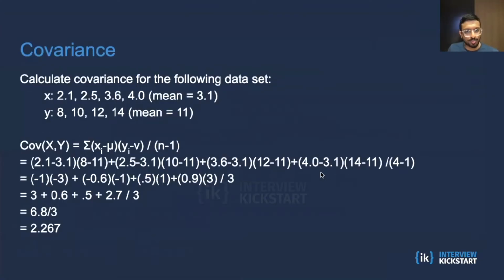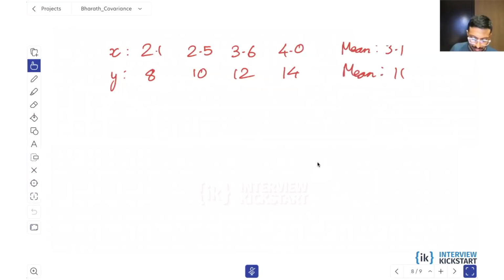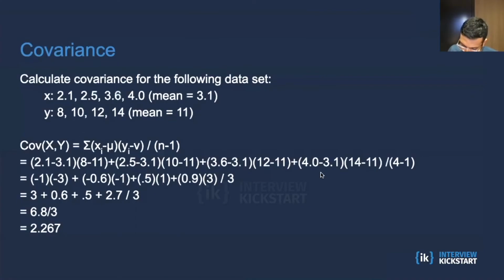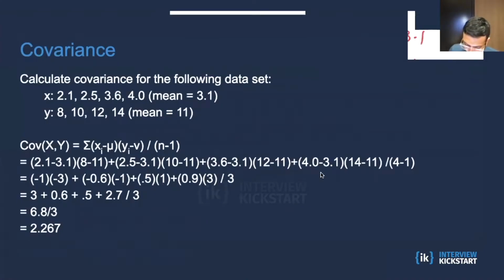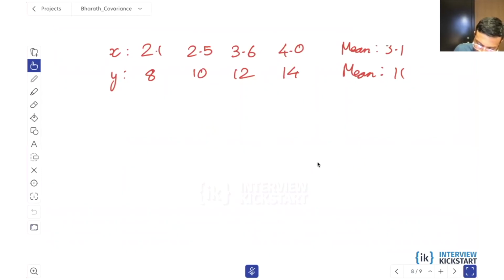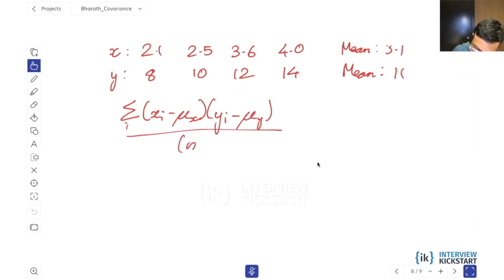So how we're going to go about calculating the covariance in this case is we're going to subtract each of these quantities from the mean and multiply them together. Remember what we said: sigma of (xi minus mu x) times (yi minus mu y) for all i, divided by n minus 1.